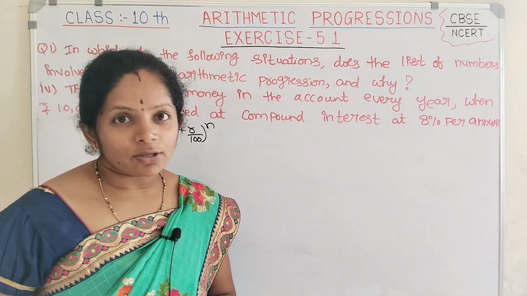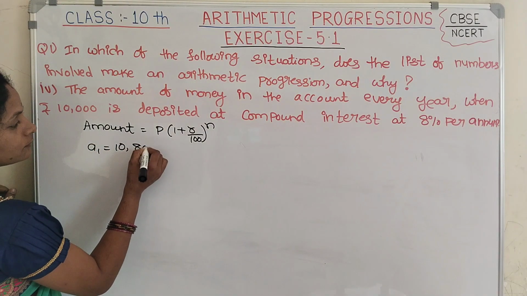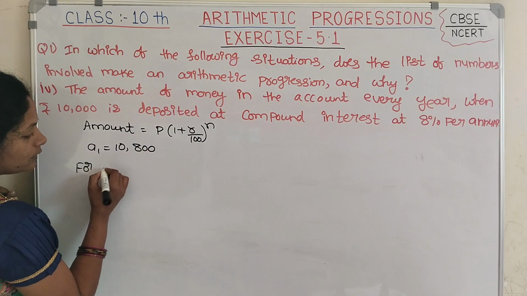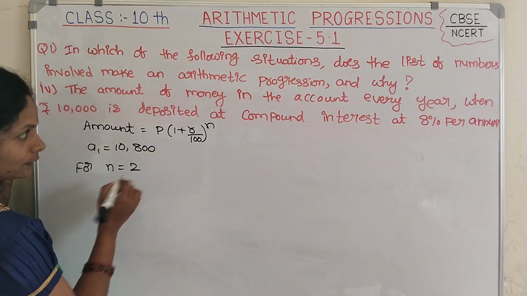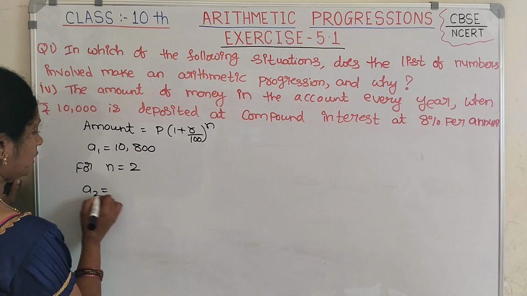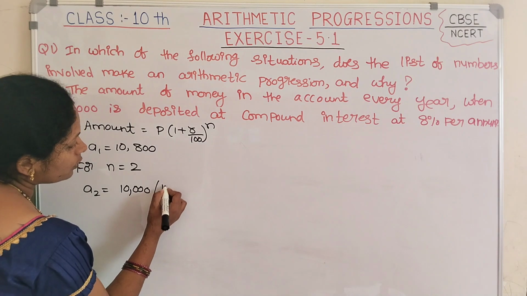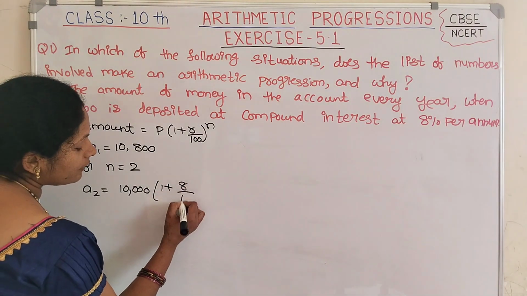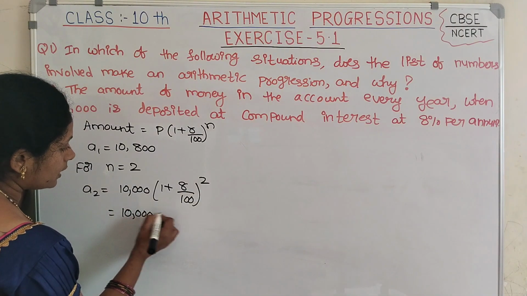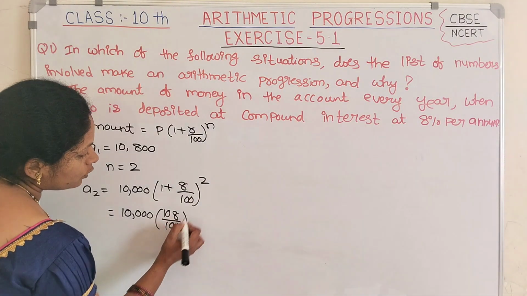Let's calculate for n is equal to 2, for the second year. A1 is equal to 10,800 that we got. Next, to get A2, we take n is equal to 2. The remaining terms are the same. A2 we can get as P, 10,000, into 1 plus R, 8 divided by 100, whole to the power of 2. 10,000 into 108 divided by 100 whole square.